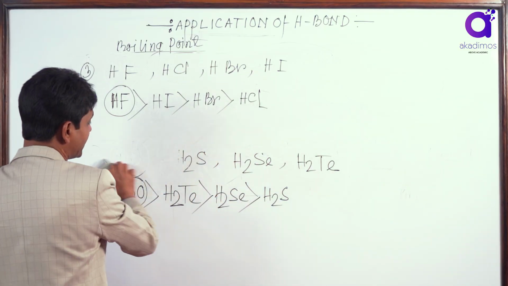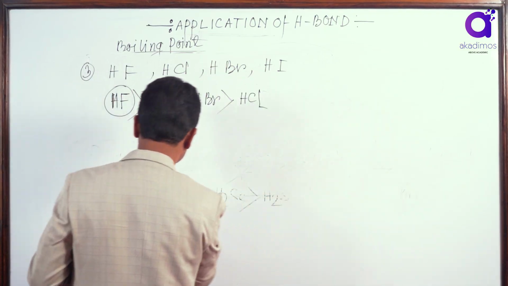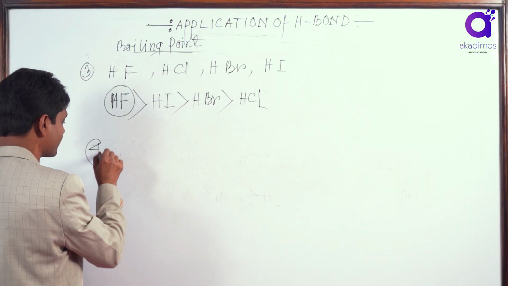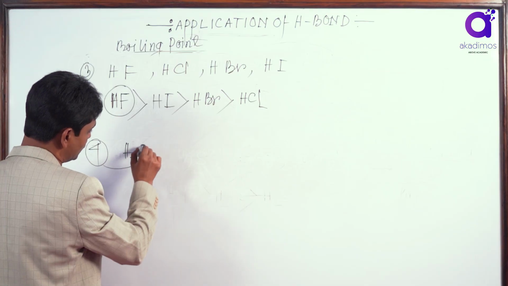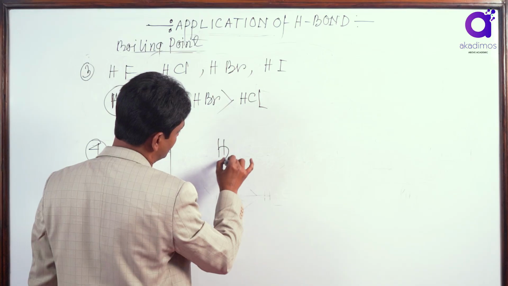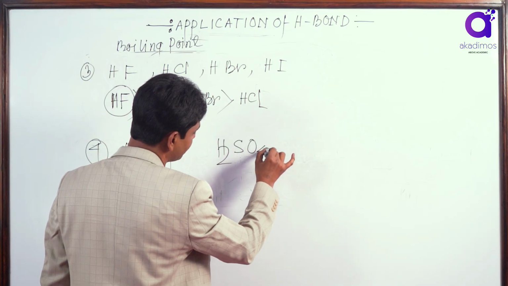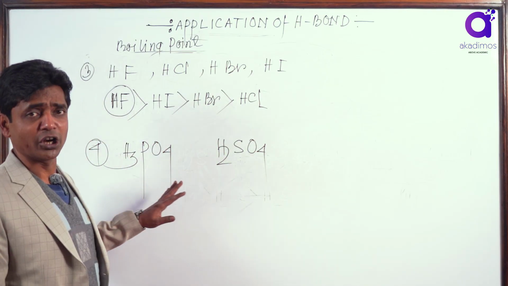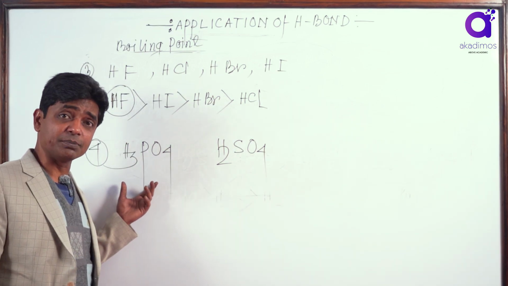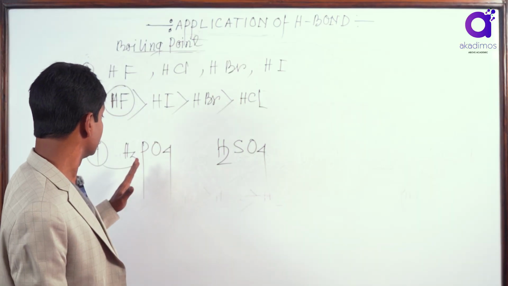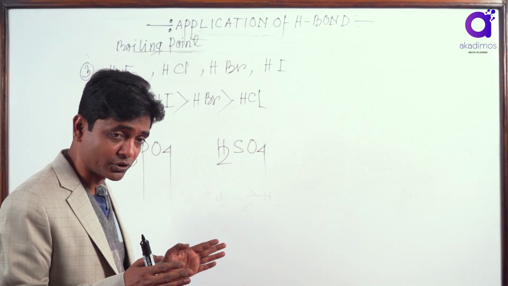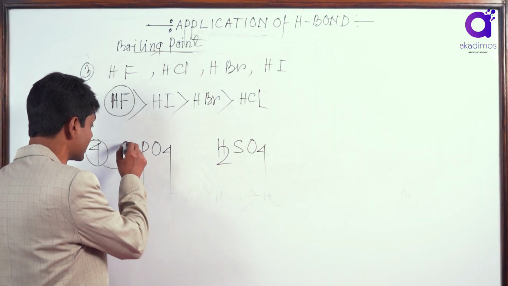Now, another example of boiling point. Simply, if I compare H3PO4 and H2SO4, you know the structure. There will be intermolecular hydrogen bonds between H3PO4 molecules, since there are 3 OH groups.